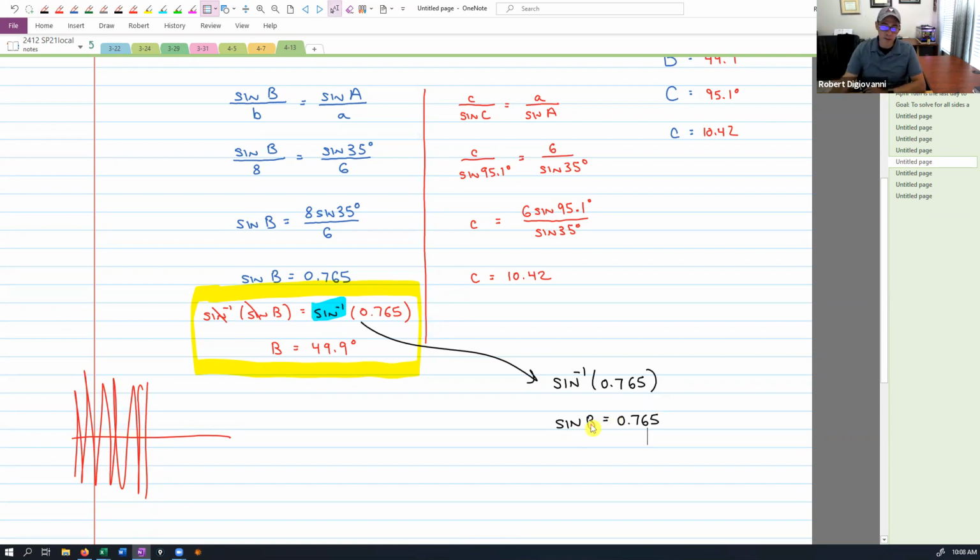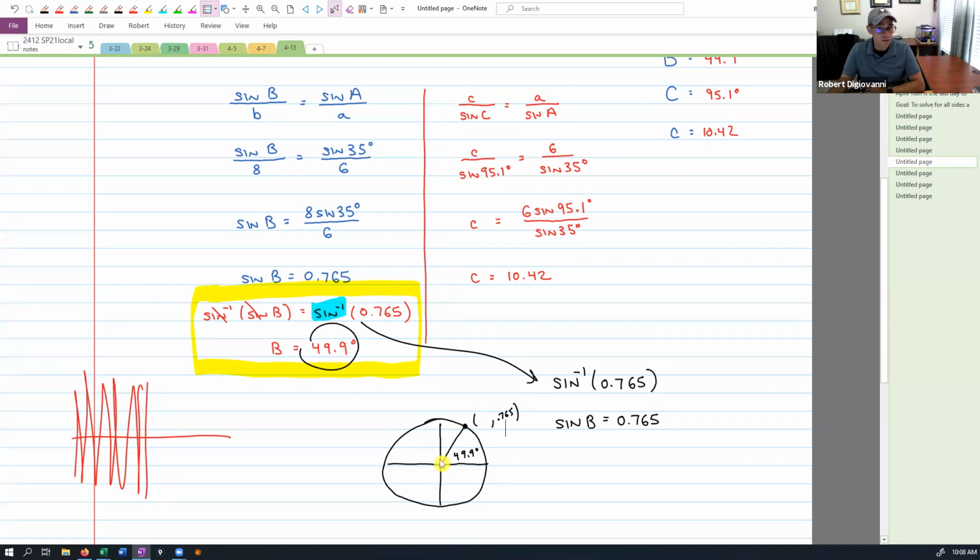So sine of some angle B is 0.765, means that if I look on the unit circle, I would like to know where the y-coordinate, because we're talking about sine here, is 0.765. And that's going to happen up here somewhere. And in fact, we know the angle, that's 49.9 degrees, right? I don't know what the x coordinate is, but I can tell you that the y coordinate is 0.765. Does that make sense?